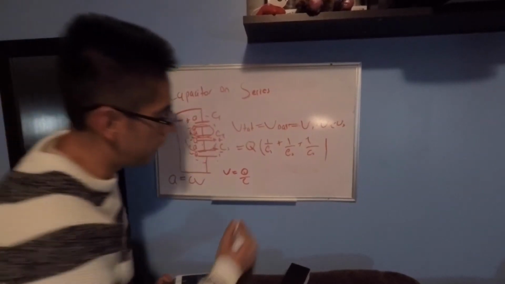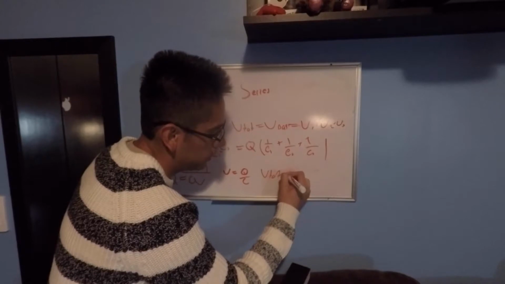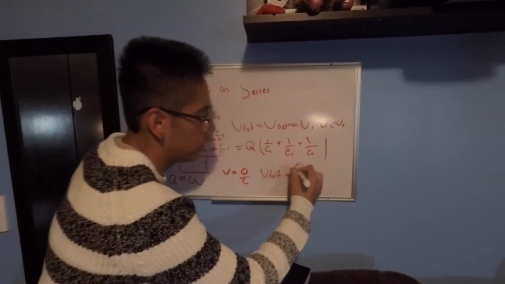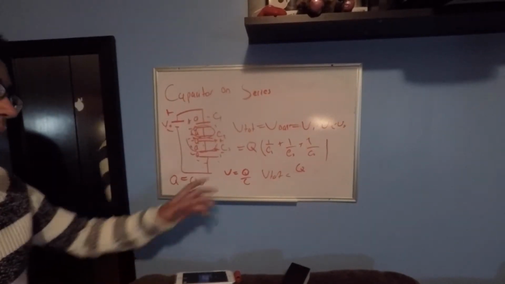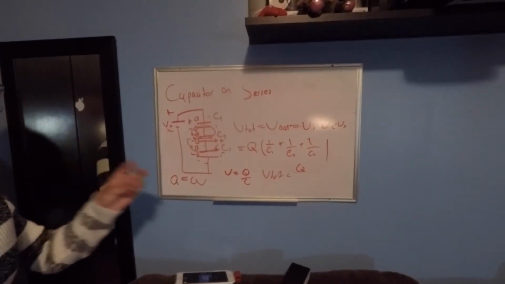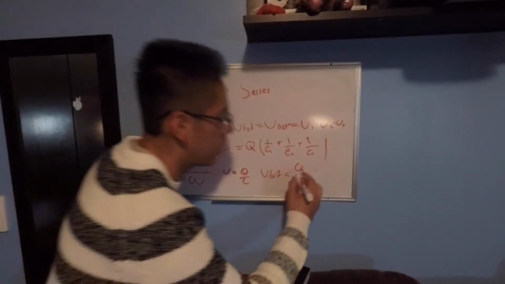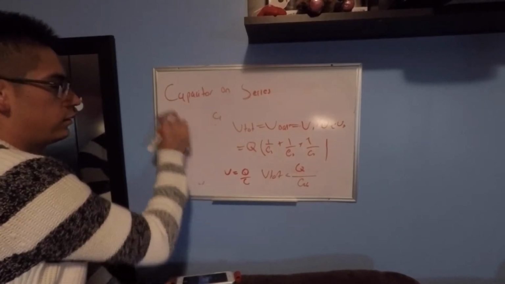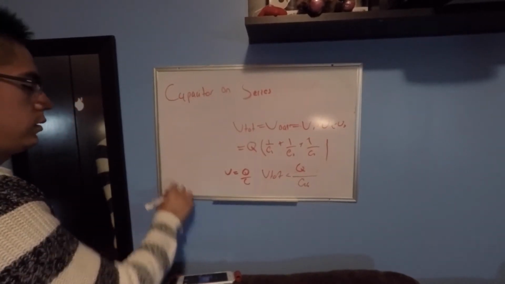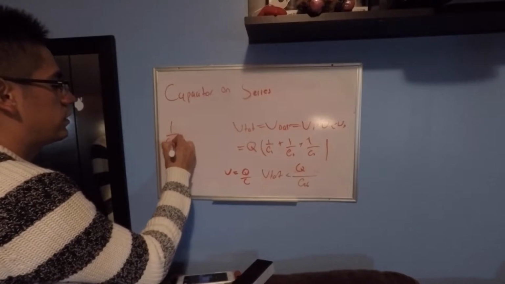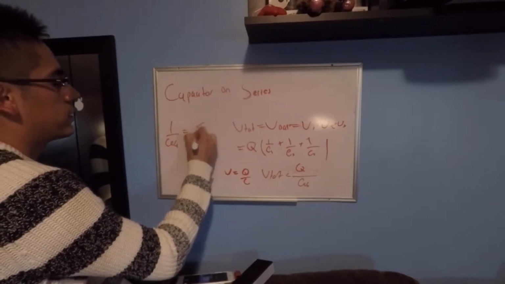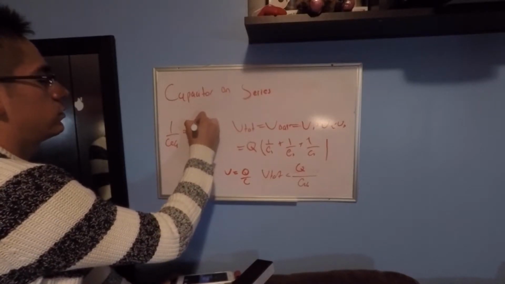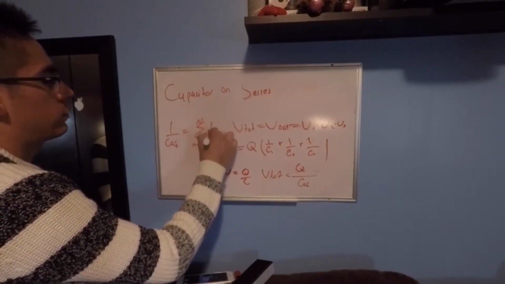So we got that V total is equal to Q over C equivalent, and 1 over C equivalent will be the sum from 1 to n of 1 over Ci.